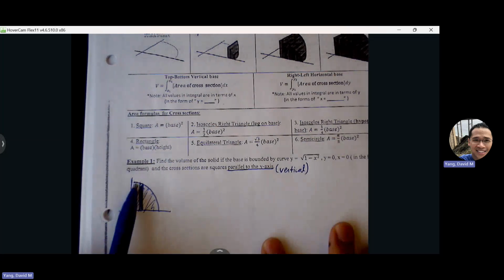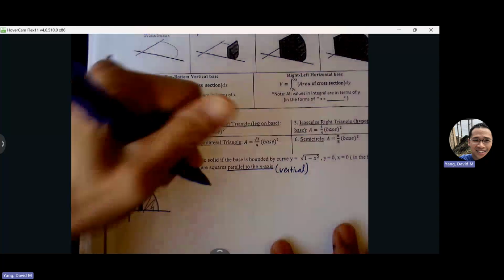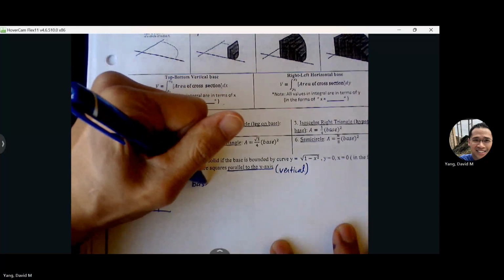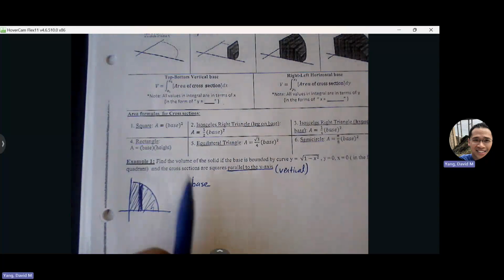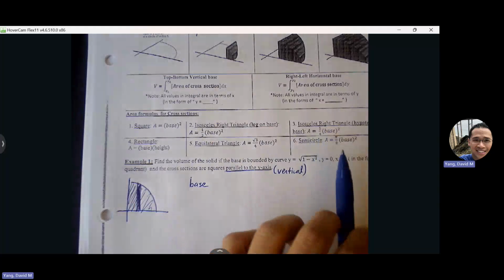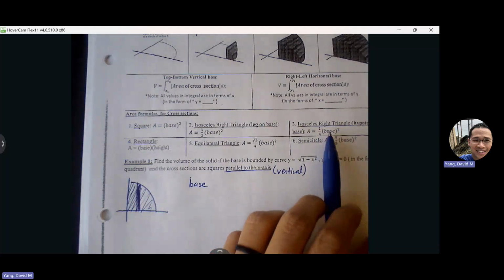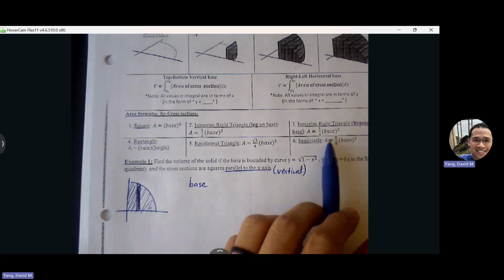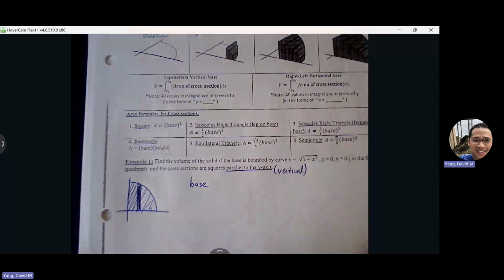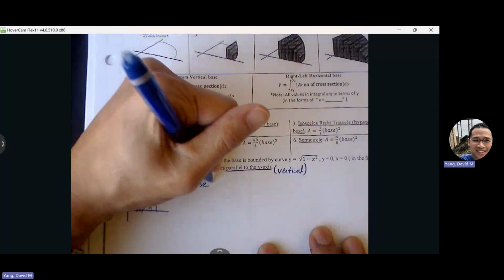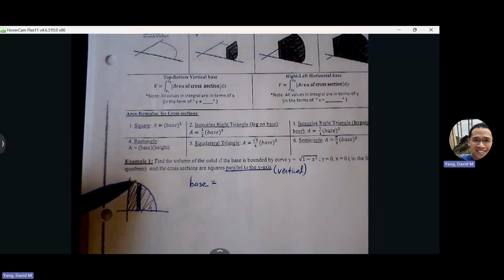So in this case, it's going to be a vertical length, and I'm going to call it a base length. And that base length is what we're going to be using as one of the sides to build whatever shape we want, either a triangle, a rectangle, or a semicircle. So your base length, in this case, is just top minus bottom.